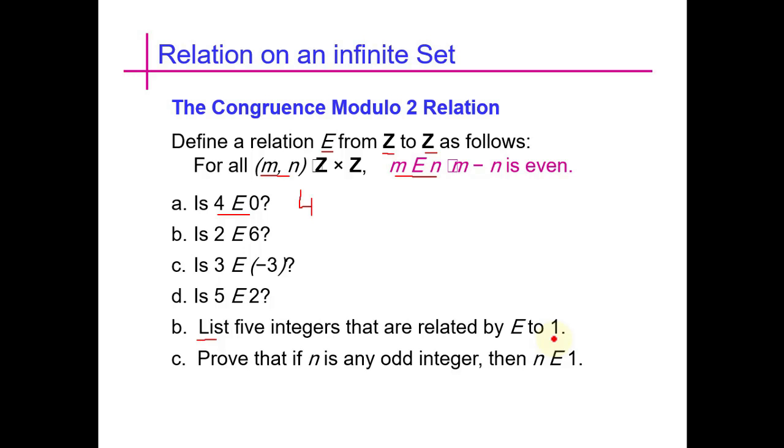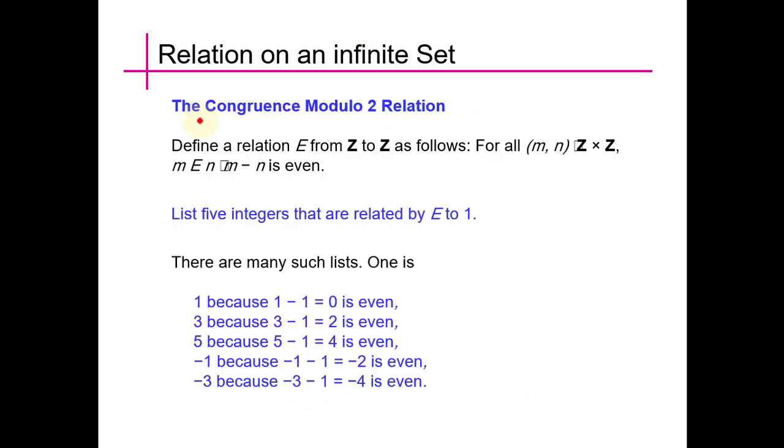Any 5 odd numbers will be numbers which give us an even number after subtracting from 1. And in the next part we prove that if n is any odd integer, then n is related to 1. Here is the solution to the above questions.